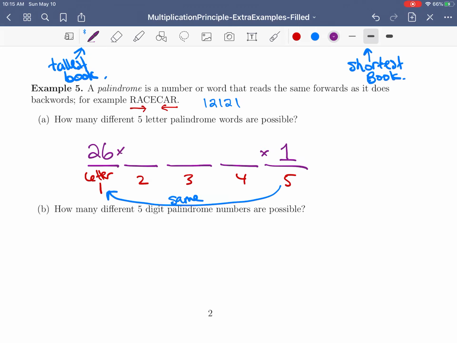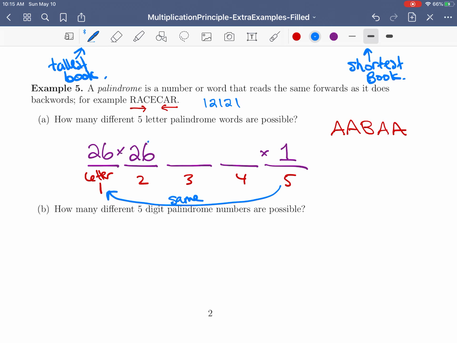Now, what about letter 2? You could have repeated letters. For example, A, B, A counts as a valid palindrome. So we could have repeated the same letters we had in letter 1. So again, we have 26 options.